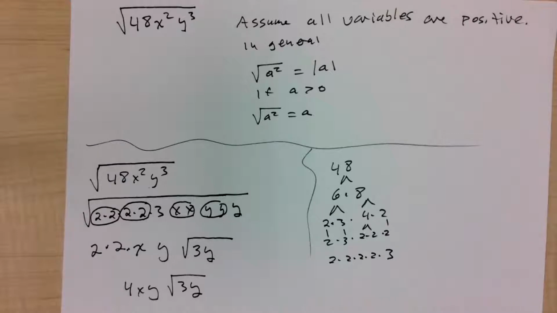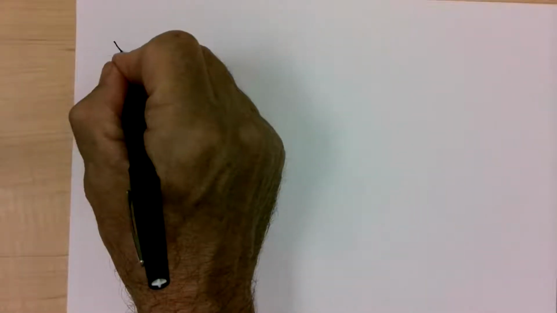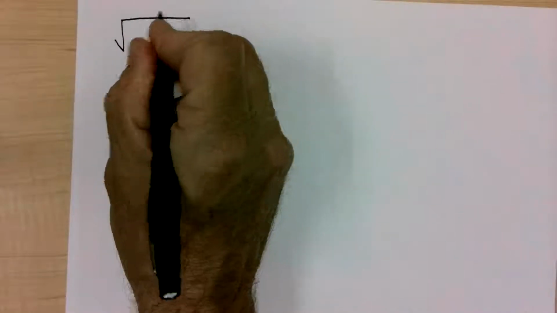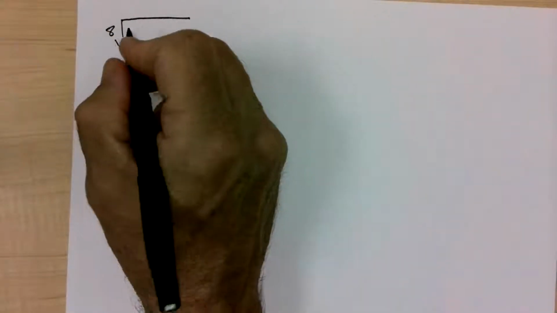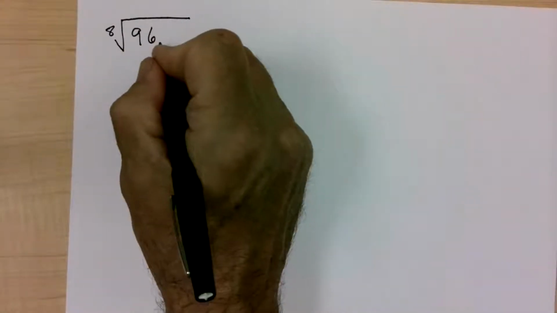We could also simplify a cube root. Again, our process is going to require us to do what? Our process is going to require us to factor and then look for triples. So if I have the cube root of 96, I wrote 8th root.